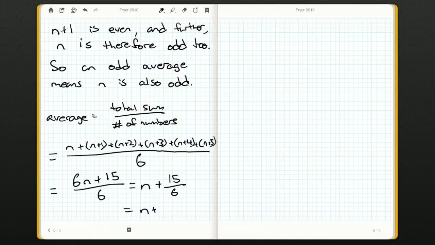which is n plus, each of these has a common factor of 3, so we have 5 halves.